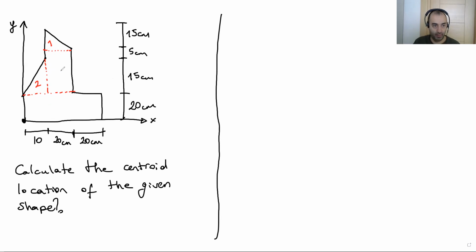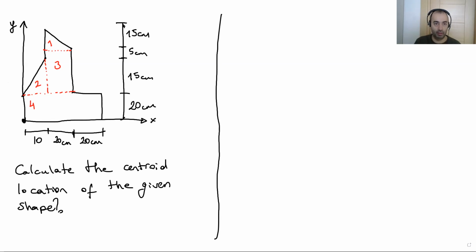I'm sorry for my sketching, so no worries, we know the dimensions. We can solve it. This is 3, and this part is 4. We have 4 different pieces. We have 2 triangles and 1 square, 1 rectangle.